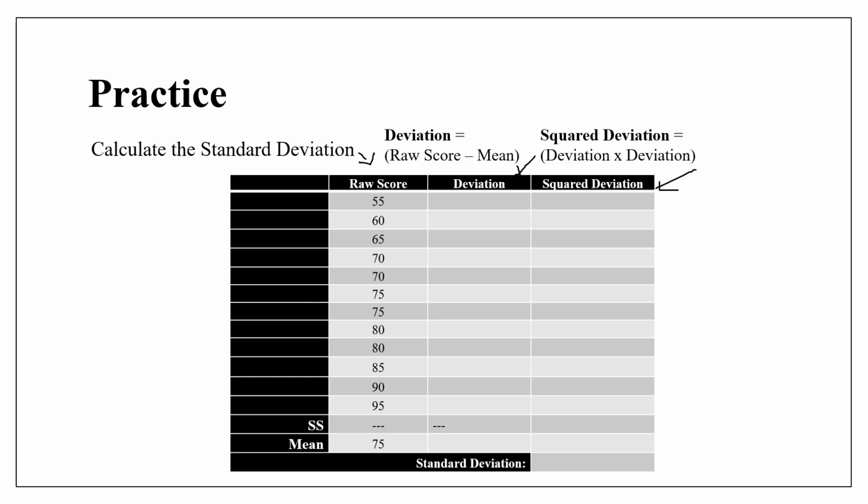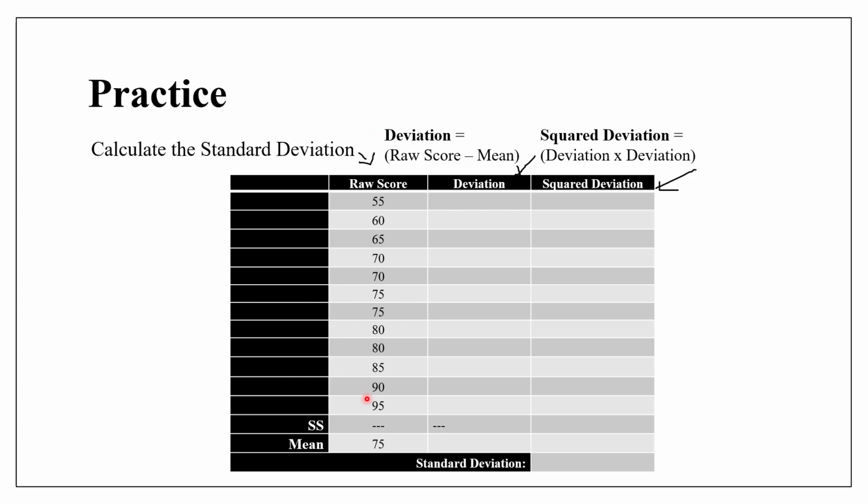Typically, for the raw scores, I will be giving you this information, including the mean. I'm going to give you all the individual observations that exist in the particular data set and what the mean is for that data set.